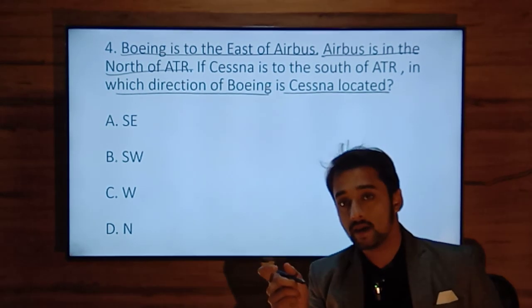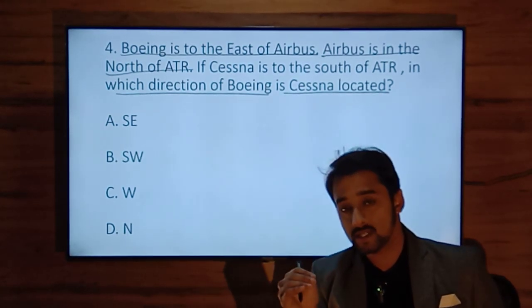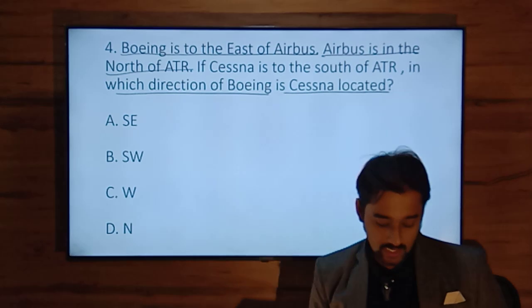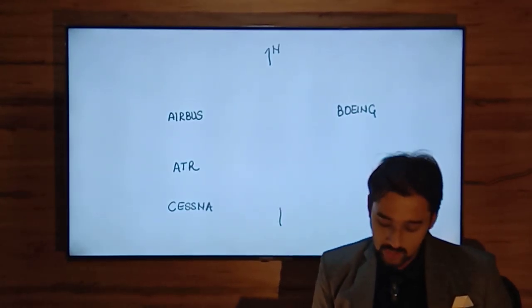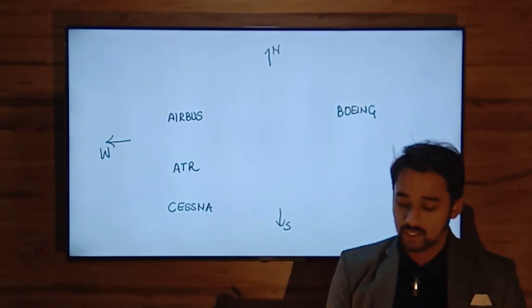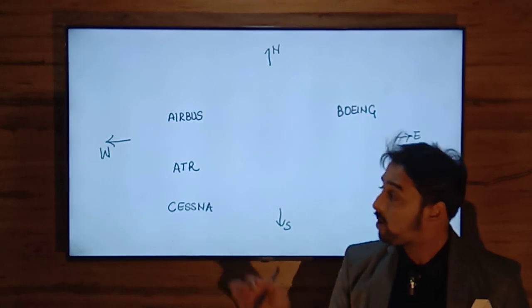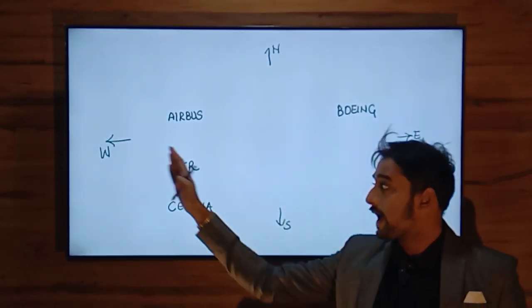The final question is, in which direction of Boeing is Cessna located? Starting from Boeing, you have to measure the direction at which Cessna is located. This is your south, this is your west, this is your east. From Boeing, Cessna is in the direction between south and west.